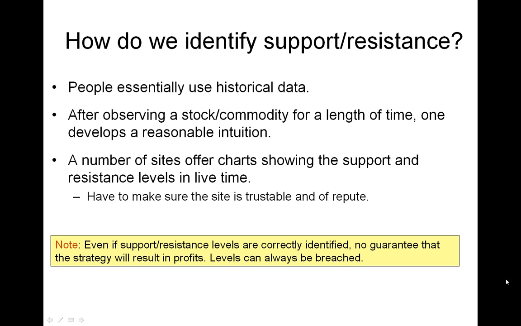It doesn't mean that the value of a particular stock or commodity is not going to cross that resistance. It just means that normally we don't expect it to do so. And by the same token, just because we've identified the appropriate support level, it doesn't mean that we're guaranteed that the value of a stock or index is not going to fall through that support level. It just means that under normal conditions we don't expect it to do so.